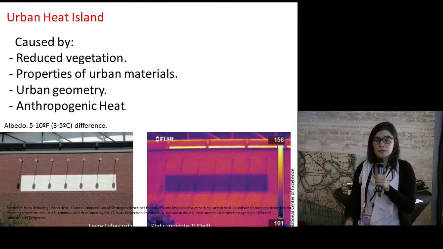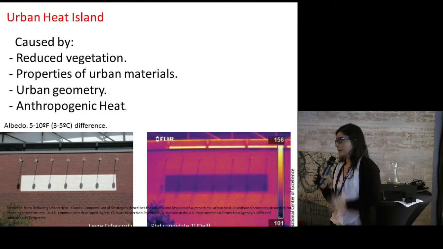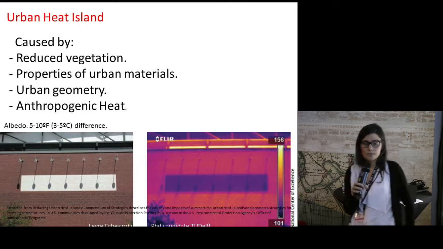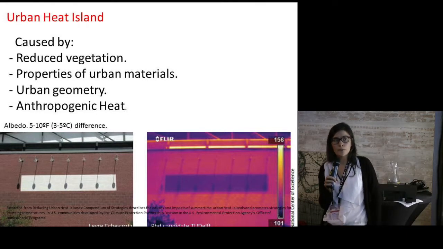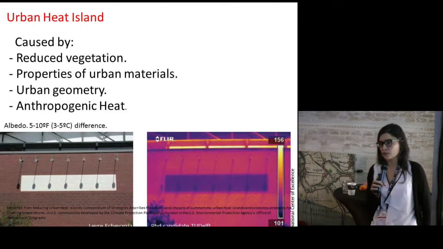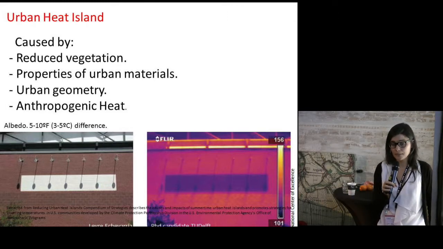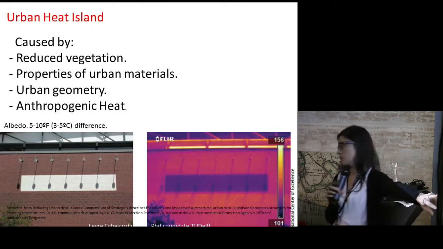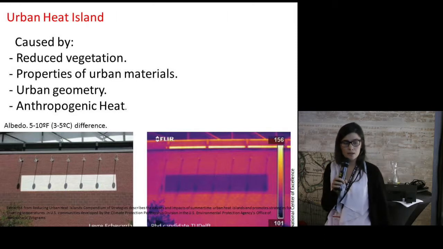Just to explain the phenomenon, we can see that by acting on the city materials and on the morphology of the city, we can improve the thermal behavior of materials, and therefore we can help adapt our cities. This is a brick wall painted in white, so with a higher reflectance, higher albedo.